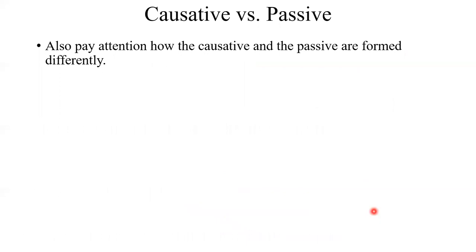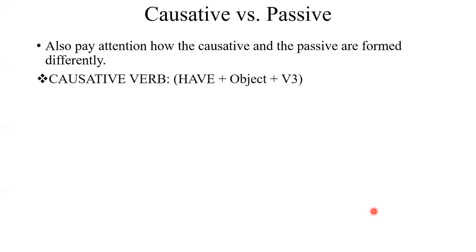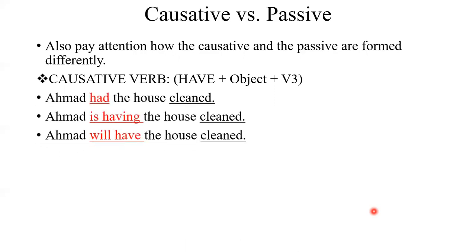But we also have to pay attention, not just to the meaning, we can also pay attention to the form, because the passive and the causative are formed differently. The causative verb is made up of the verb have, in the past or the present or the present perfect or whatever, plus the object, and then the verb 3 that comes after it. These are examples.